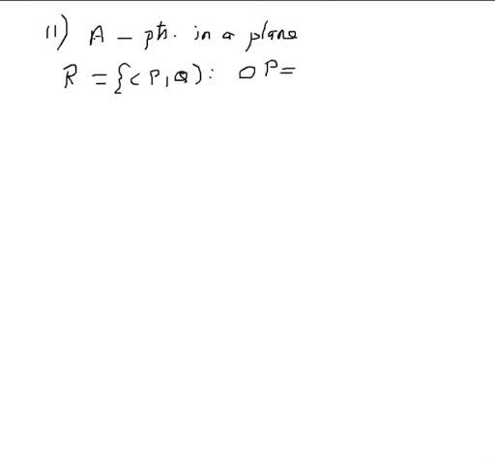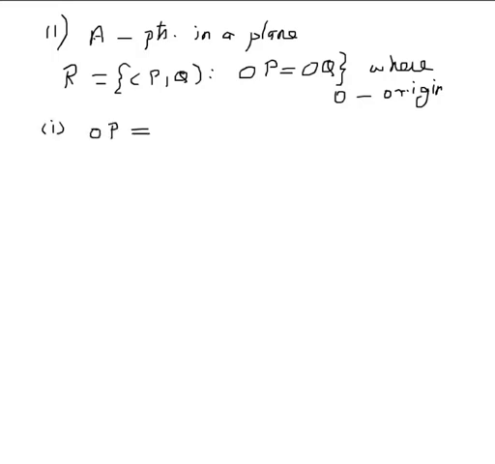That means OP equals OQ, where O is the origin. Instead of writing the whole sentence, I have written OP equals OQ. We have to show that it is an equivalence relation. An equivalence relation is a relation which is reflexive, symmetric and transitive.